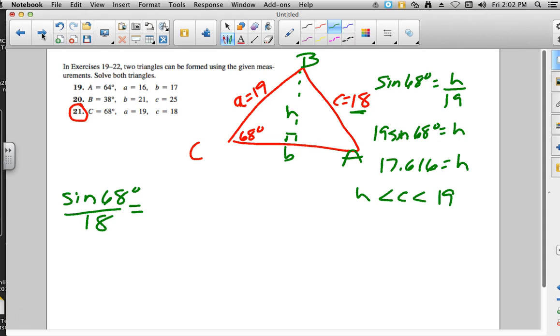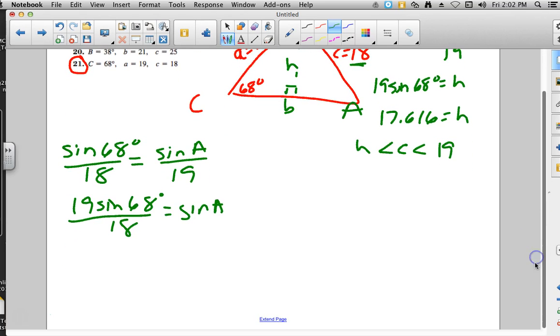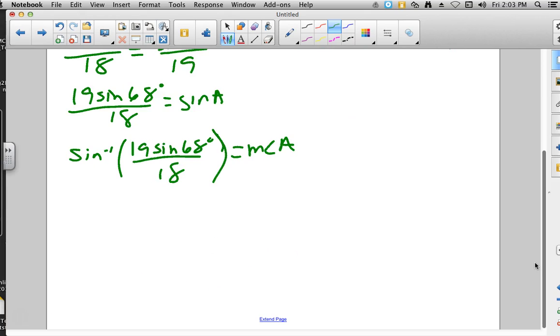And we would use the fact that we know 19 to figure out angle A. So you do your cross multiplying, you have 19 times the sine of 68 degrees over 18 equals the sine of A. And you recognize that we're finding an angle, which means we need to use an inverse trig function. And you just carefully punch that in, and we get 78.152 degrees for the measure of angle A.